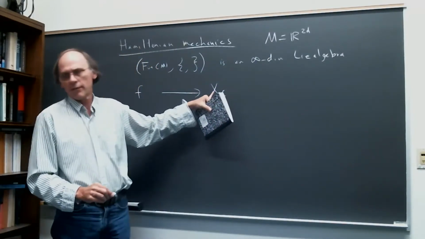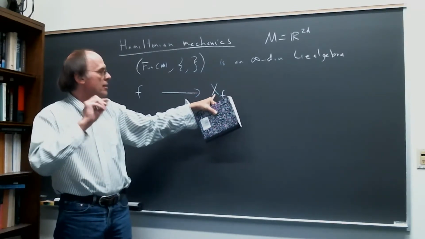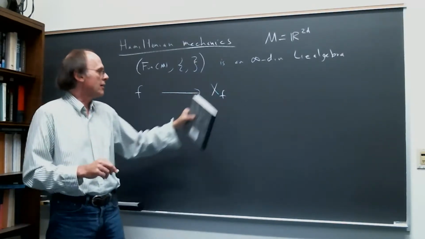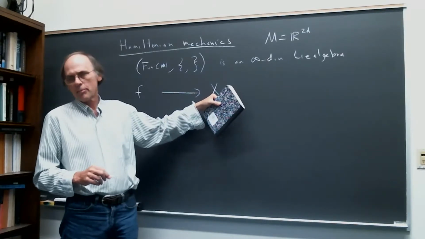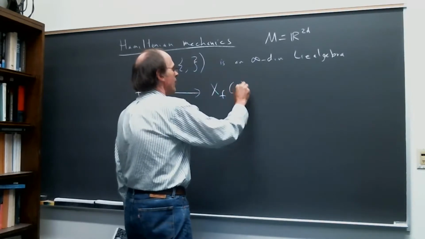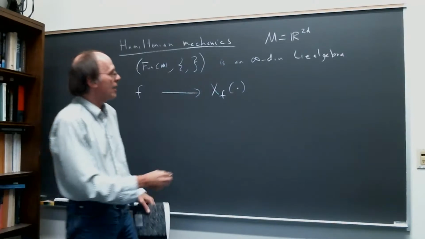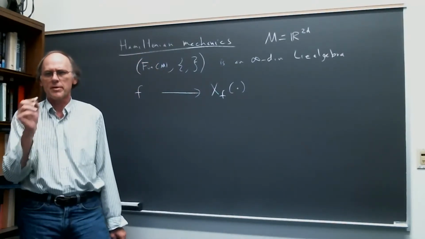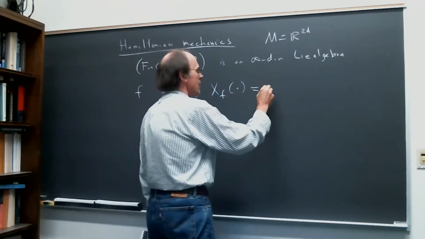And I wanted to think of a vector field as something that, if you feed it a function, acts like a first order linear differential operator on functions. So if you feed it a function, you're going to get another function. I wrote out a description of this in coordinates, but maybe it would be better to say that it really is just this thing.